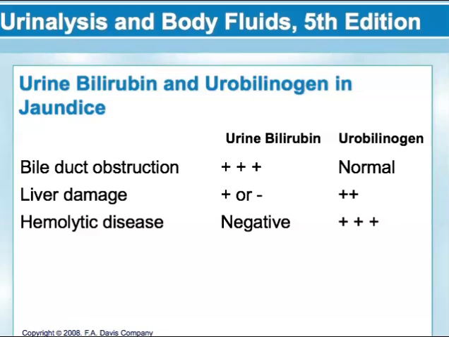You can use those urine bilirubin and urobilinogen results to determine the cause of jaundice. So just take a look at the variations that you're seeing in the results comparatively here between bilirubin and urobilinogen and what condition that is associated with.